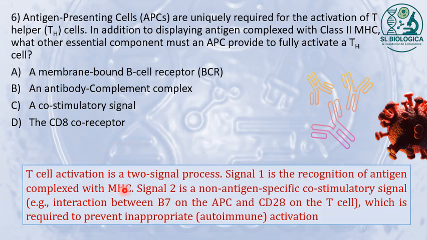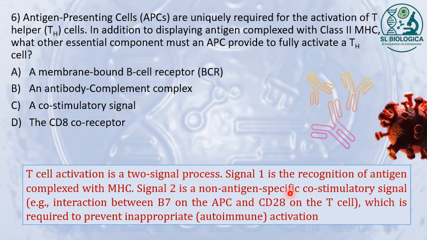Actually, T cell activation is a two-signal process. We can classify T cell activation as a two-signal process. Signal 1 we have discussed in the previous question, that is activation by binding to the antigen that is presented by the MHC molecule. In addition to that signal, we need one more signal for the complete activation of the T cell, that is signal 2.